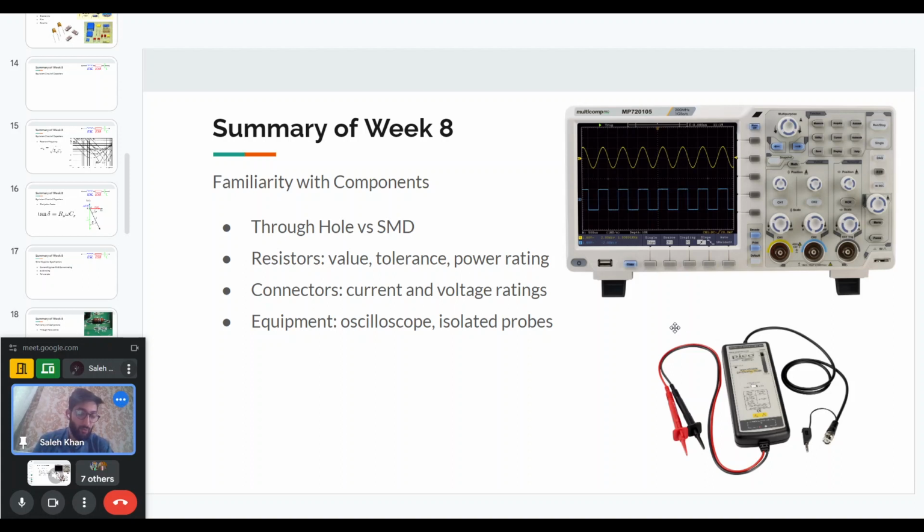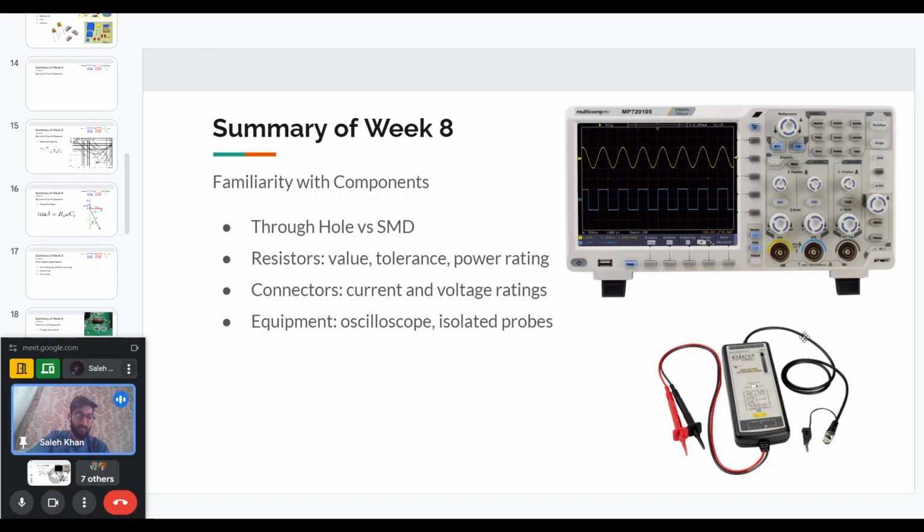And if we connect using a normal probe directly to the oscilloscope, because the grounds are internally connected together, this will short the two switches that we have. That is why we have to use what is called an isolated probe.